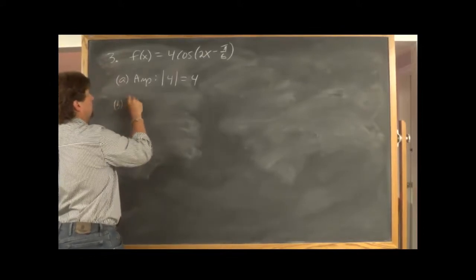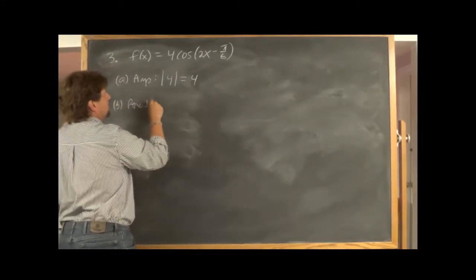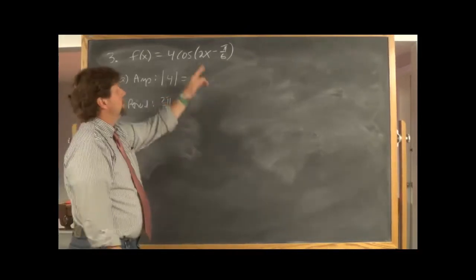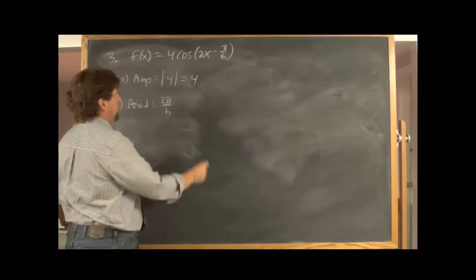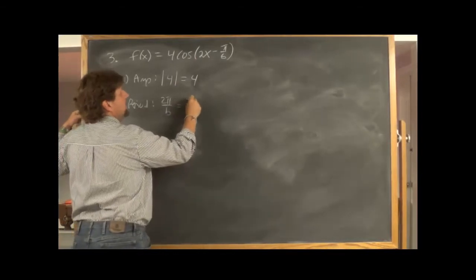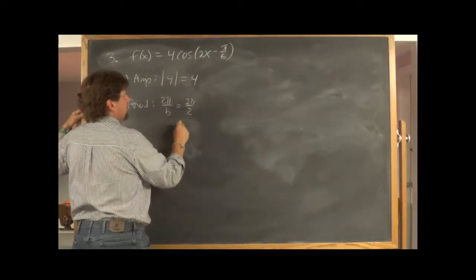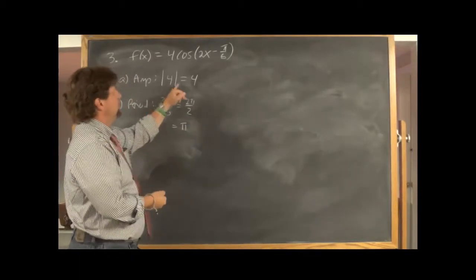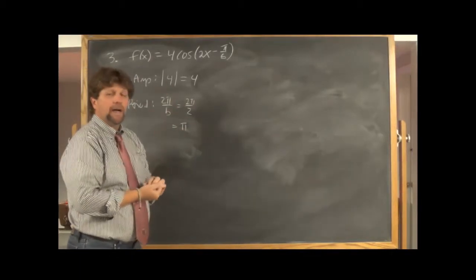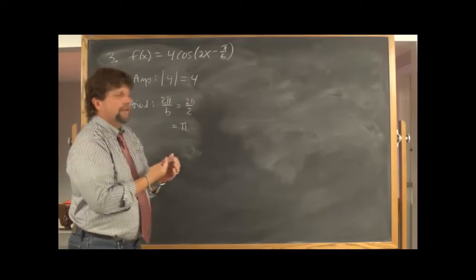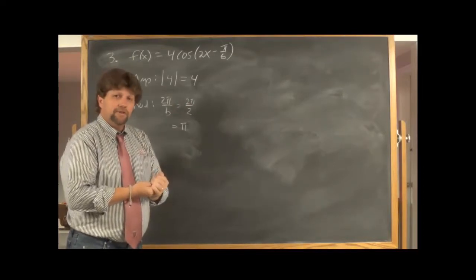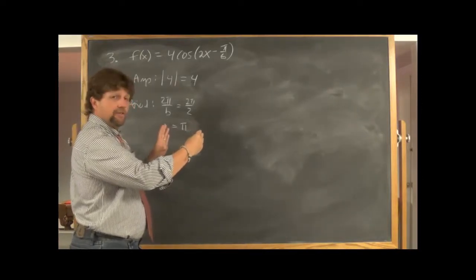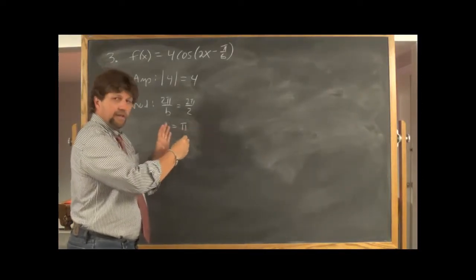Part B, the period, is 2 pi over b, where b is 2, so the period is 2 pi over 2, which is pi. So the amplitude is 4, the period is pi. This one will have a phase shift. The basic graph of cosine is going to be shifted horizontally to the right or to the left.